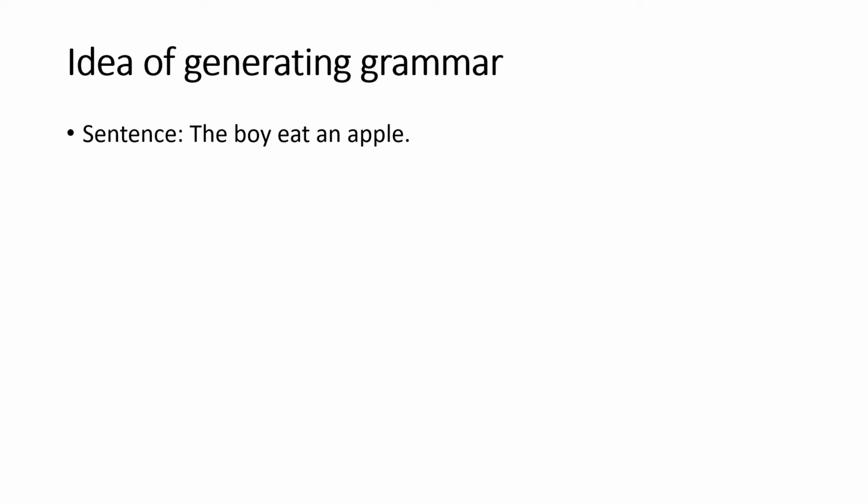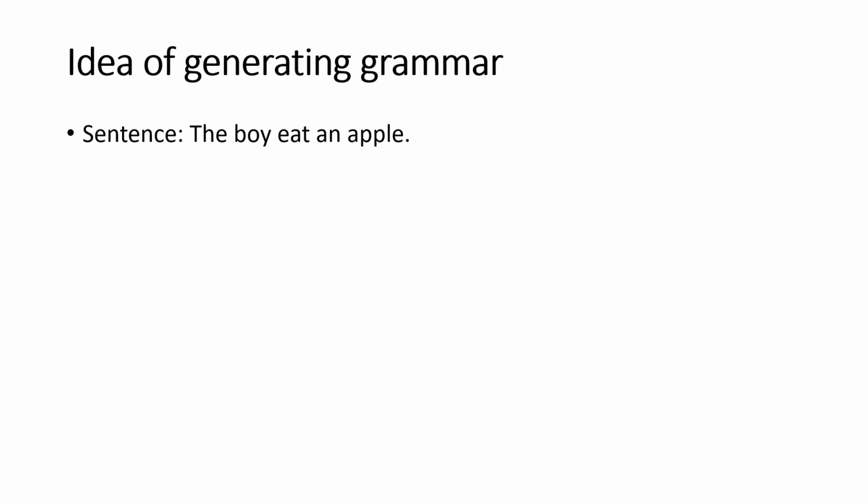Now the question is that this sentence, the word sentence, you just consider as an entity. And I want to break this entity into several components such that each and every component points to each and every word of this sentence.